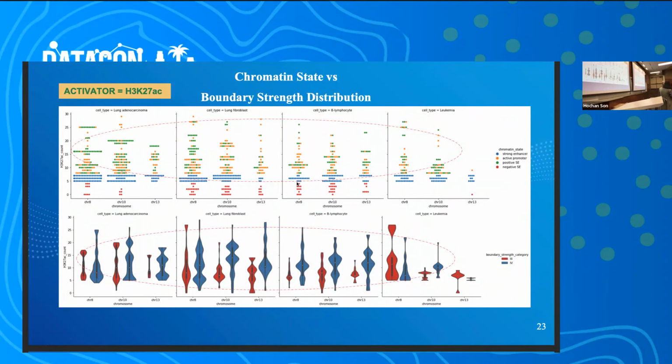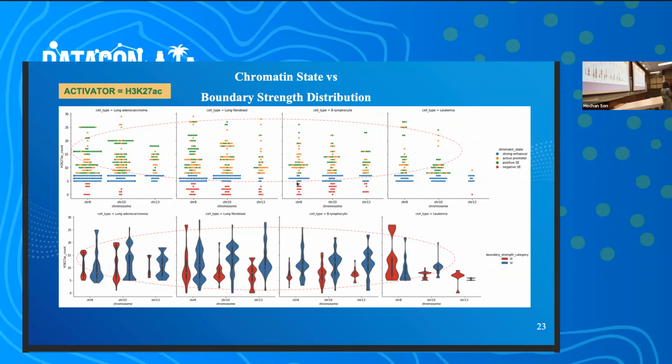Yeah, so in this case we can see the high density of strong boundary strength. I'm sorry. For this case, the boundary strength is divided into different levels. Boundary 4 or 3 is the highest boundary strength and signifies strong protection.